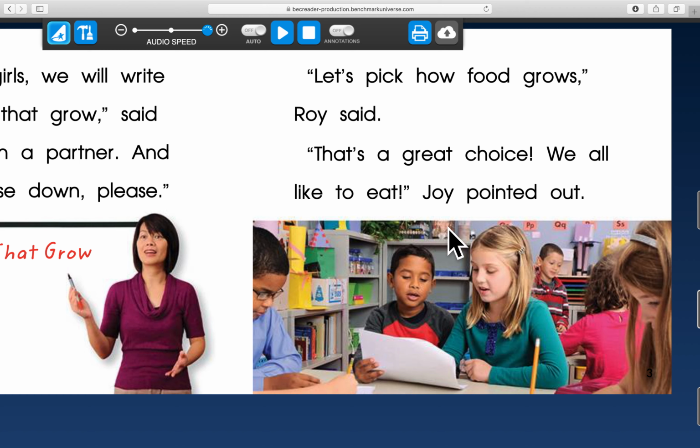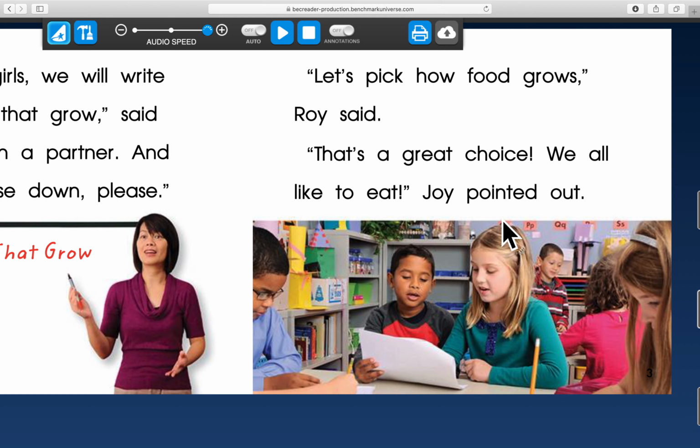Okay, so here Joy pointed out doesn't mean that she's pointing to something. Here it means that she noticed something. Joy noticed something. That's a great choice. We all like to eat. Joy noticed, or Joy understood. So here, that's what that means.